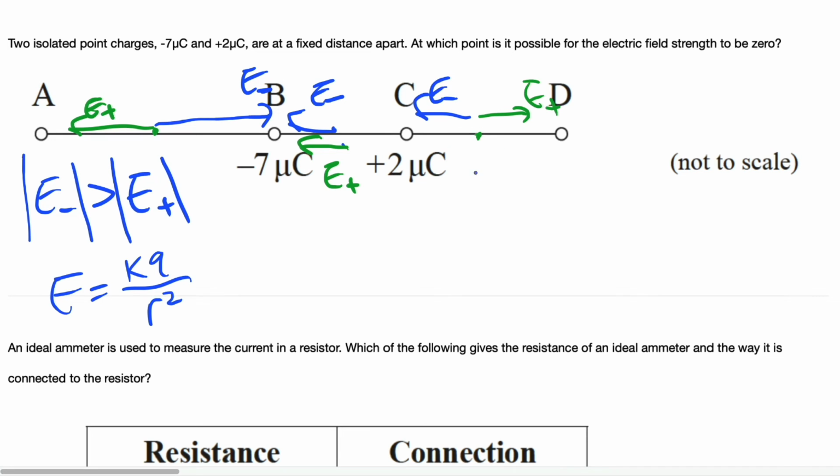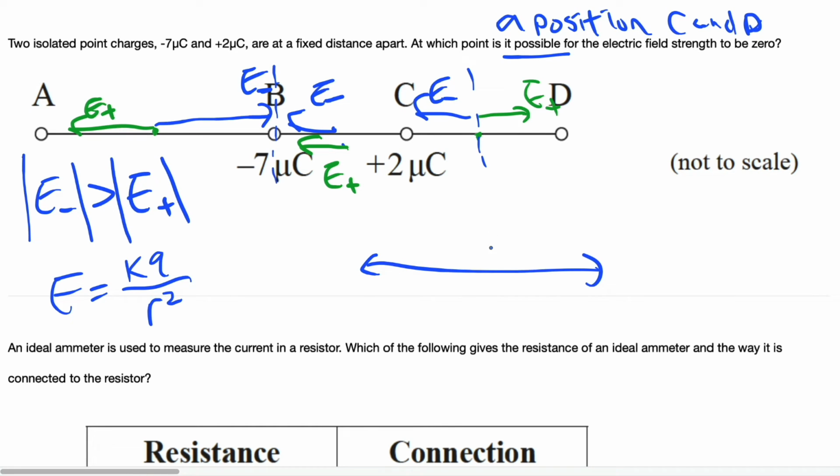And here, the distance between the negative charge and any point between C and D is farther away than the distance between the positive charge and that point. So this position here is possible. And which point is possible? You just need to select a position between C and D, right? So a position between C and D is possible.